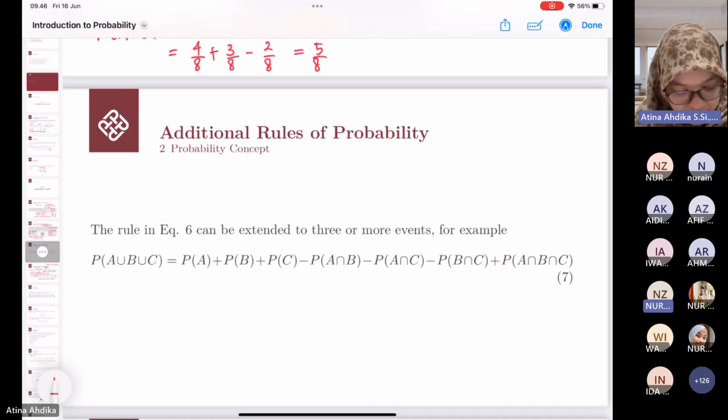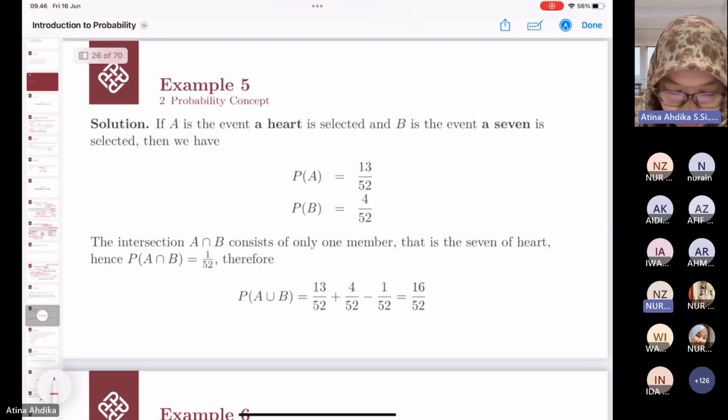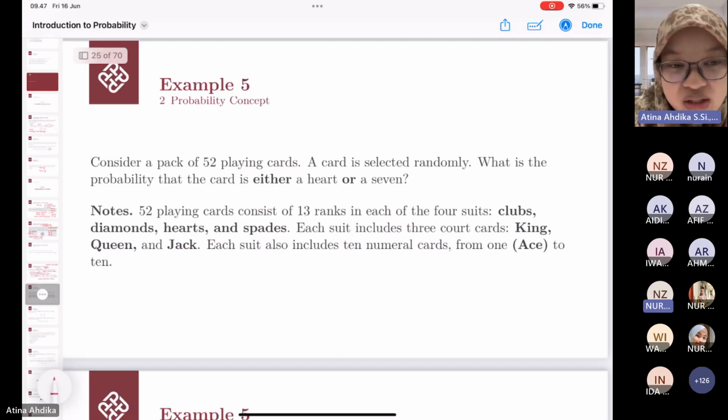But we will jump to our example. So I think it's a little bit more challenging. Yeah, so I have the question here. Consider a pack of 52 playing cards. A card is selected randomly.